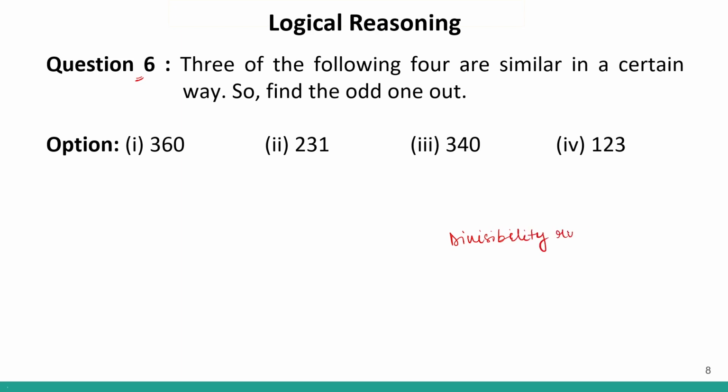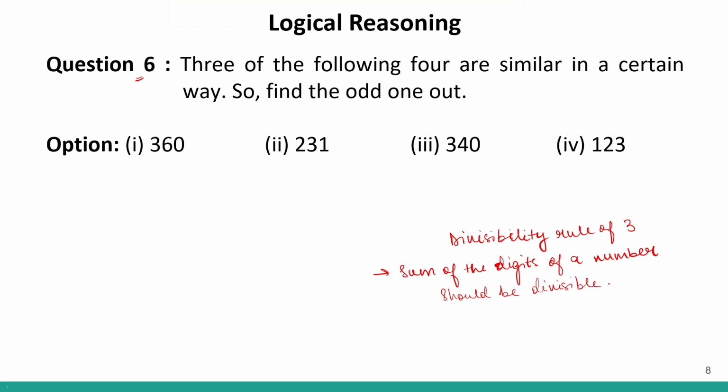Divisibility rule of 3 says that the sum of the digits of a number should be divisible by 3. This is what divisibility rule of 3 says, that the sum of the digits should be divisible by 3.